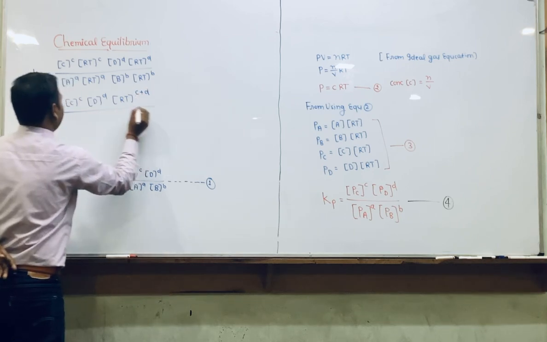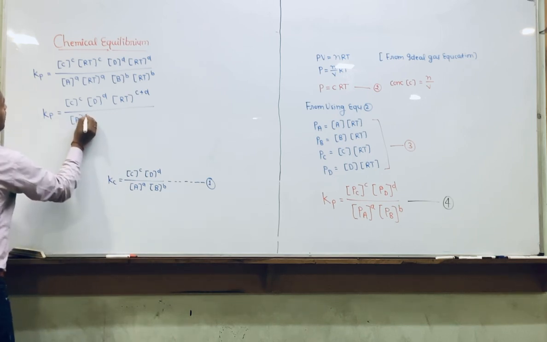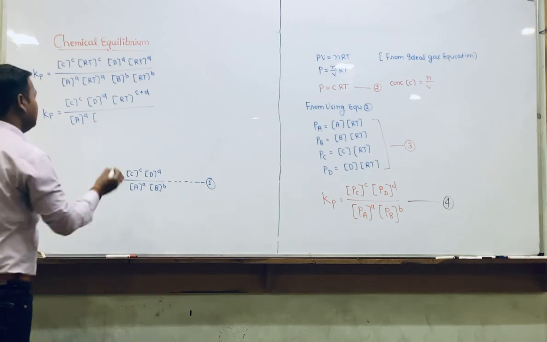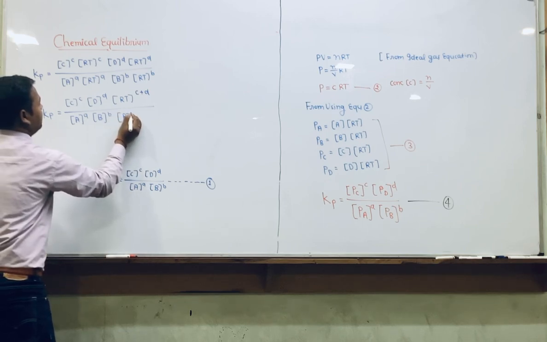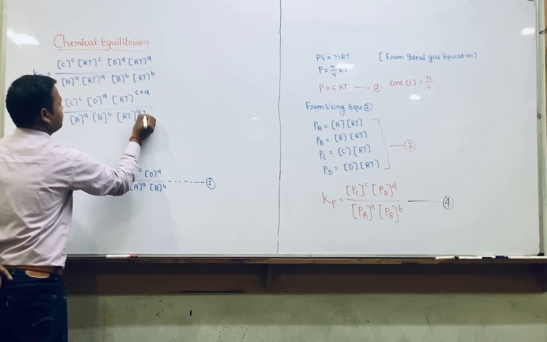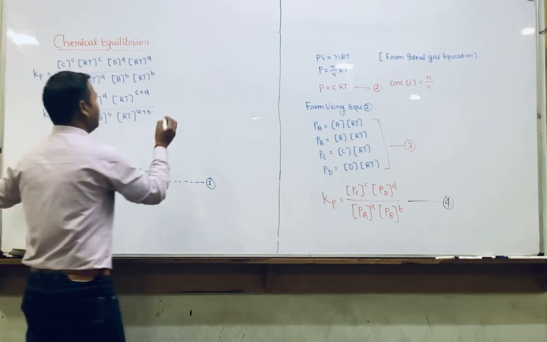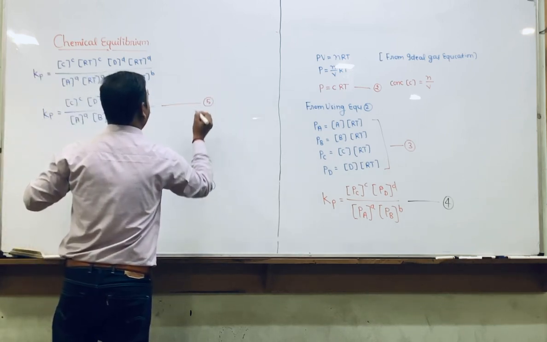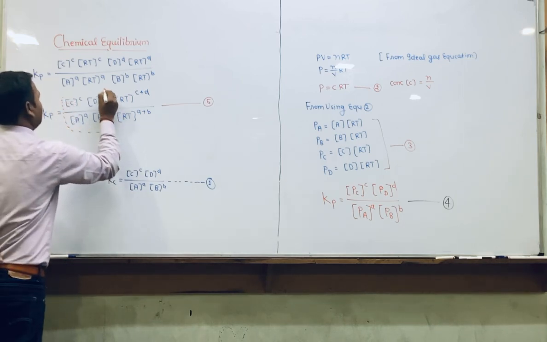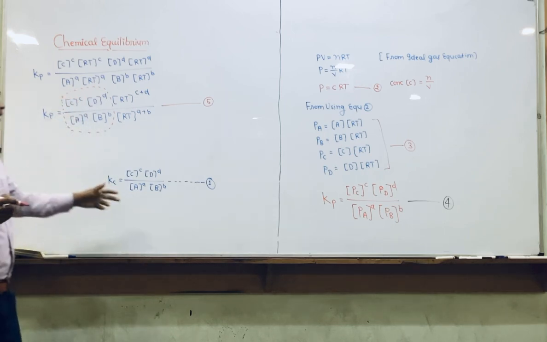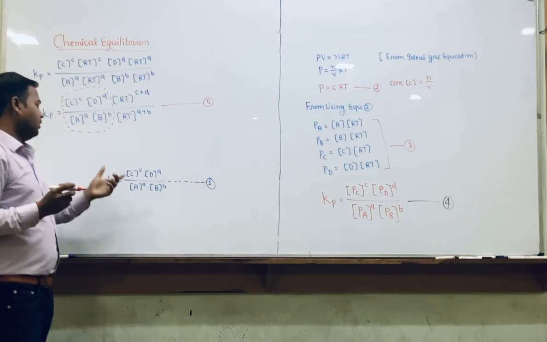After this, we write concentration of A to the power a and concentration of B to the power b, and RT to the power a plus b. In this equation number 5, this portion is the value of Kc. From equation 1, this term is Kc.